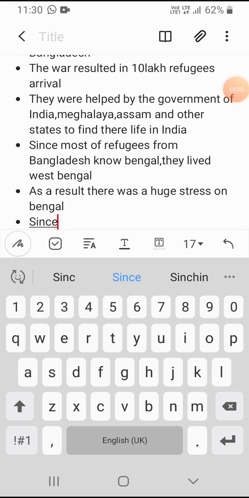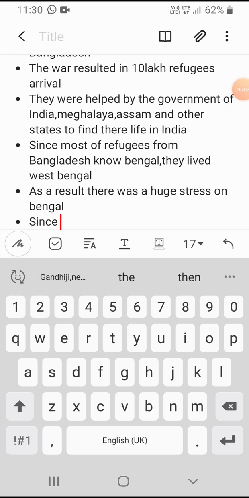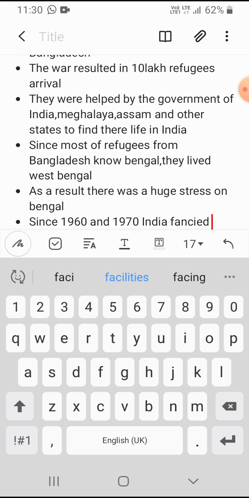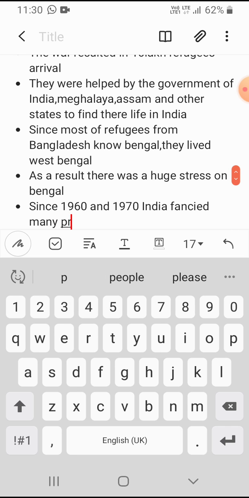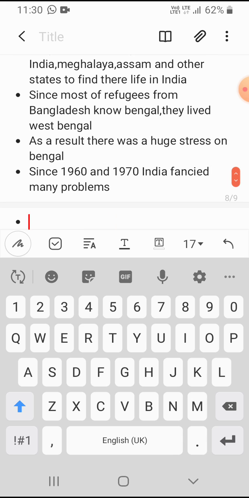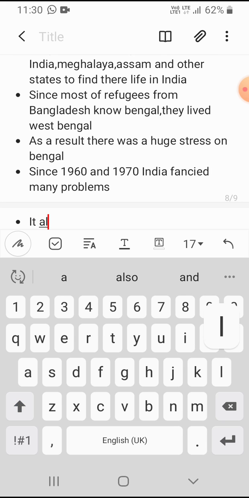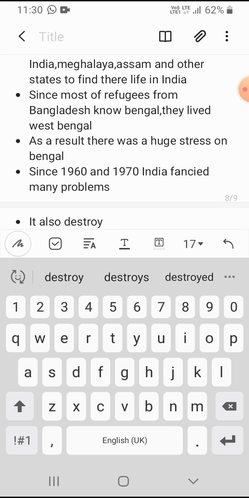Since 1960 and 1970, India faced many problems, economic problems and others, and it also damaged the security of India.